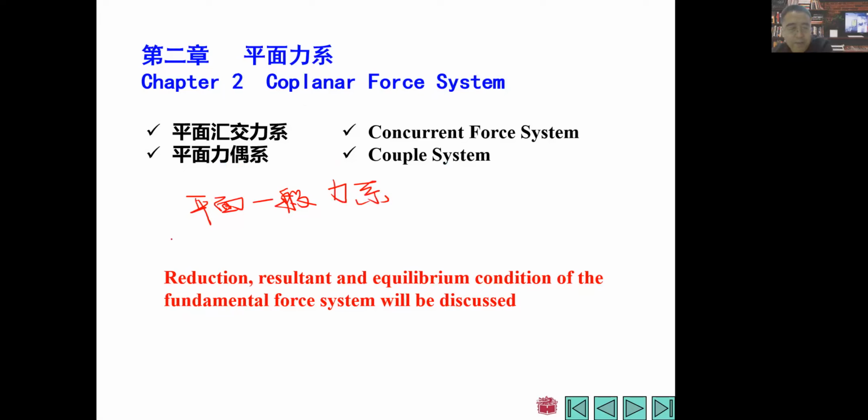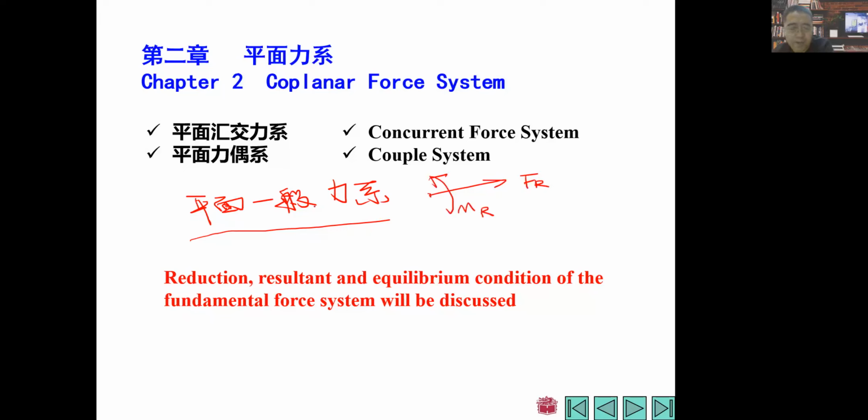When we finish this whole chapter, you will find the coplanar generalized force system will be simple with just one FR, which we call the principal vector, and another, MR, the principal moment.